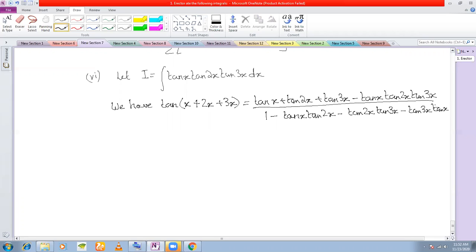This is what you get, right? So if you see this product here, tan x, tan 2x, tan 3x, you have this product here, isn't it? This is the product that we need to find. So what will you get in the next step?